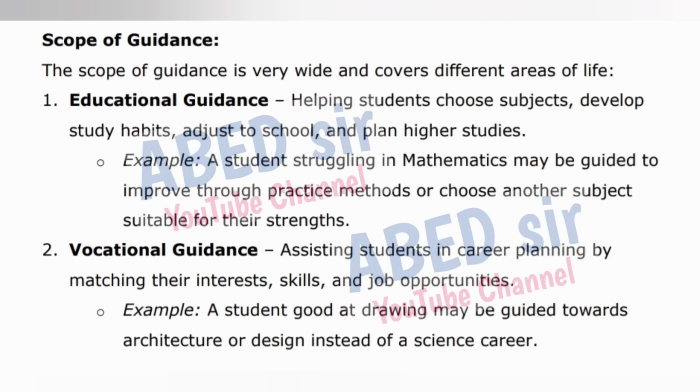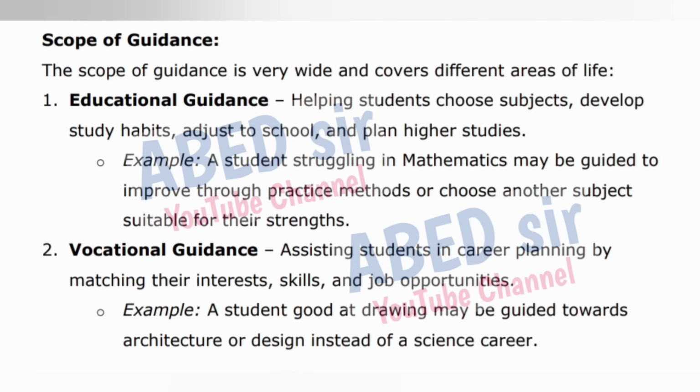Scope of guidance. The scope of guidance is very wide and covers different areas of life. 1. Educational guidance, helping students choose subjects, develop study habits, adjust to school, and plan higher studies.